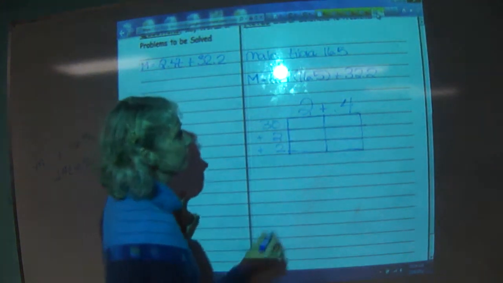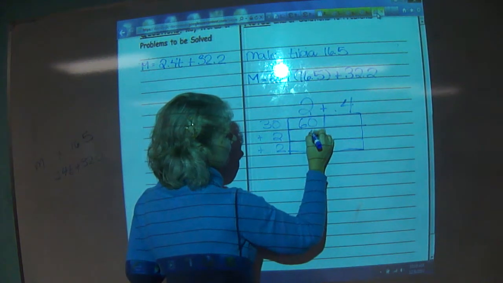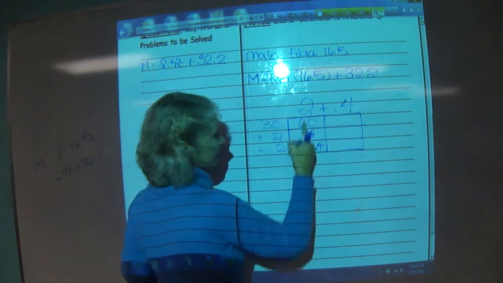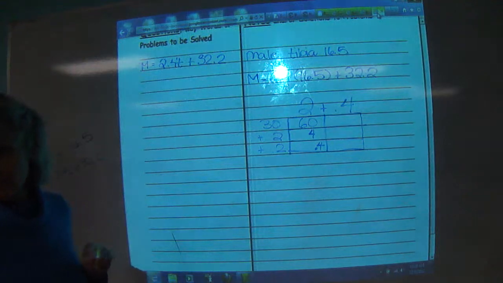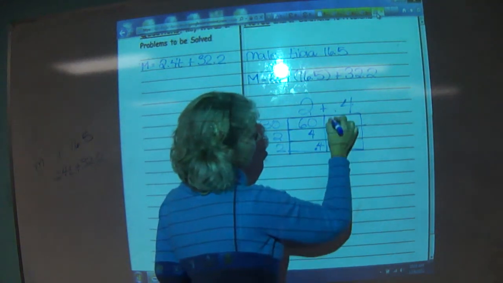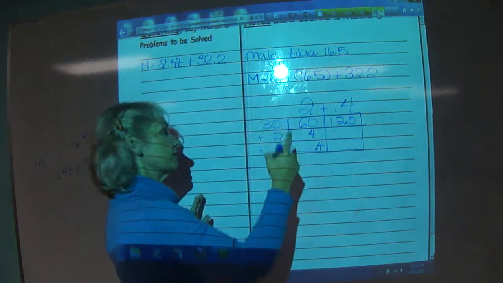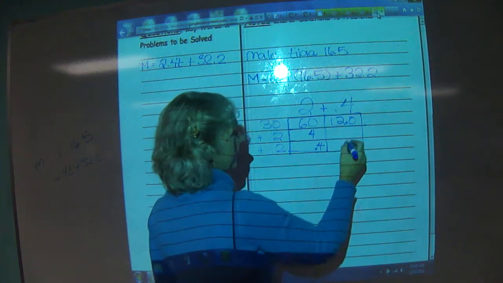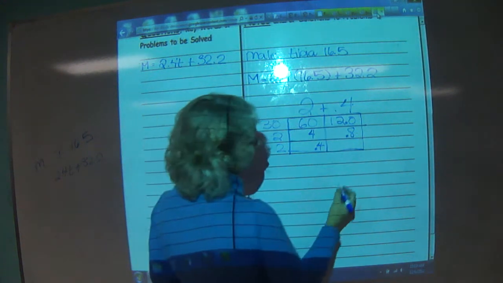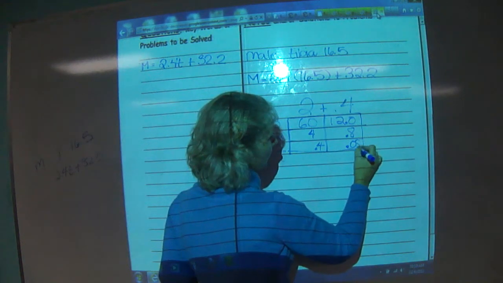What's 30 times 2? 60. 2 times 2? 4, but it's 0.4 because it's 0.2. So far, so good? 30 times 4? 120, except I've got one decimal place, so it's really 12. 2 times 4? 8, but it's 0.8 because I've got one decimal point. 2 times 4? 8, but with 2 decimal points, so it's 0.08.